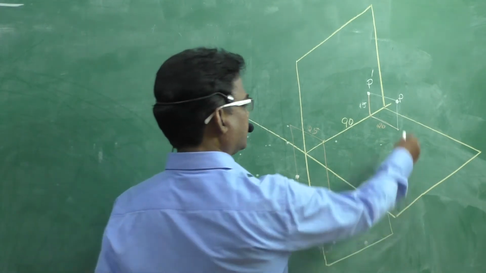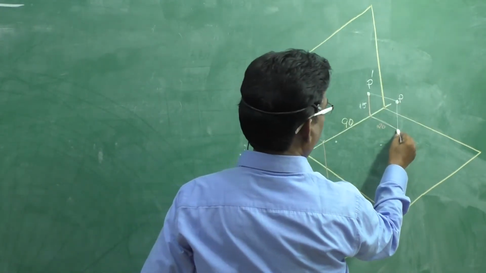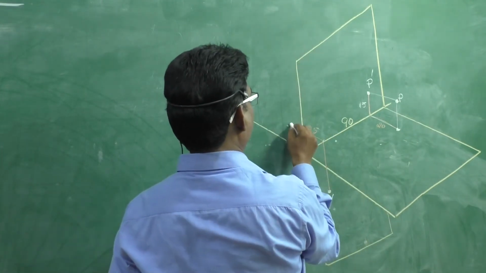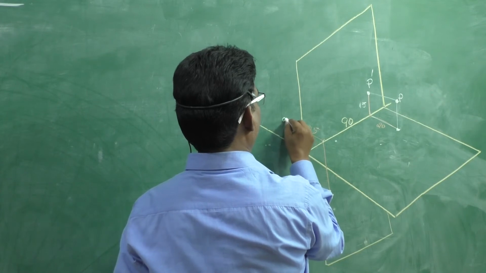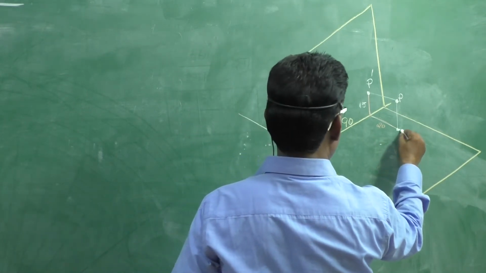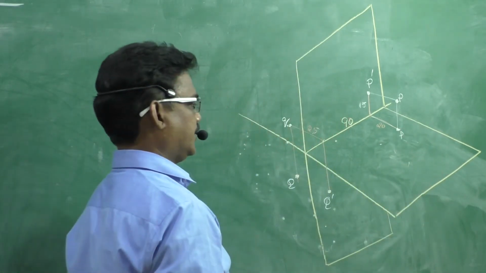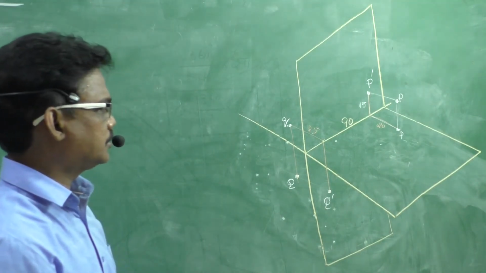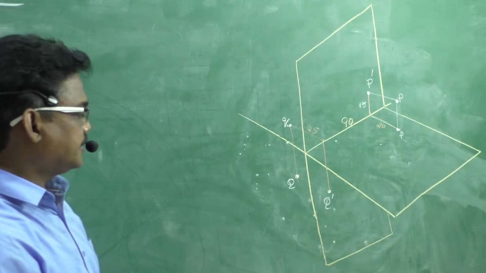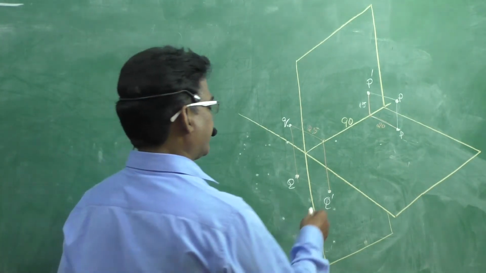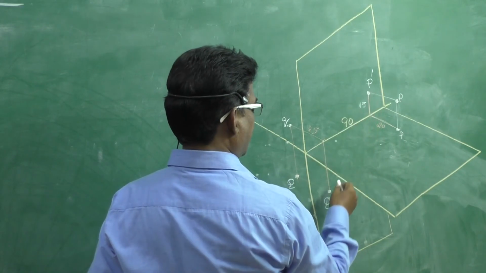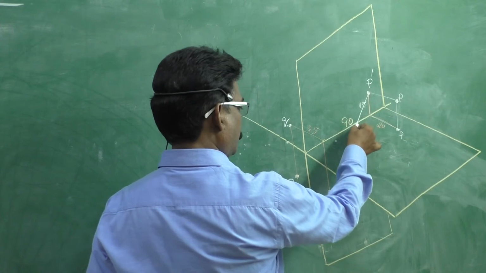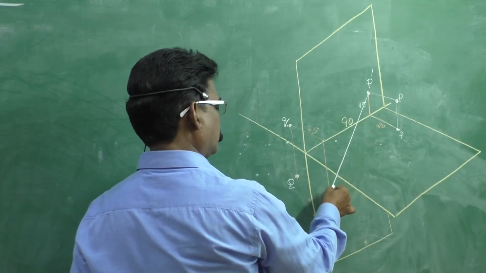And P top view here, and Q top view here. This is Q, this is P. Right. The problem asks you to draw a line between the two front views. This P dash, Q dash, both are in VP.